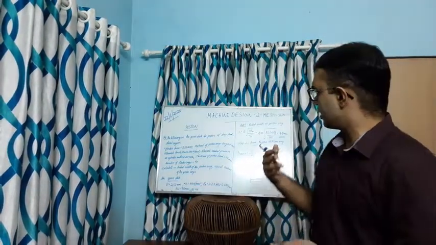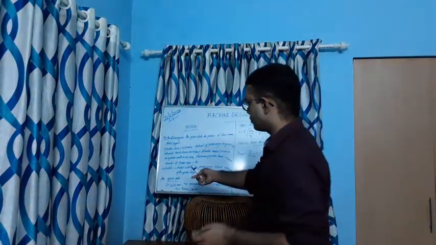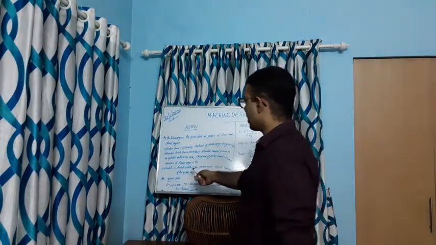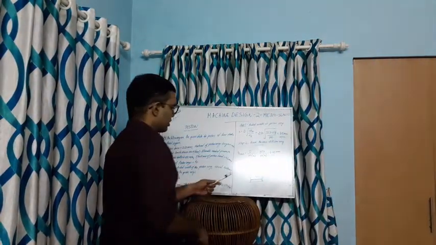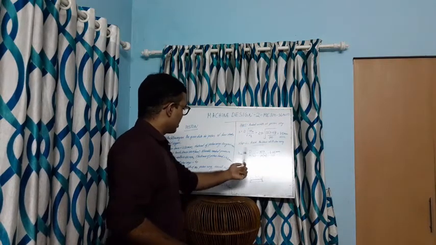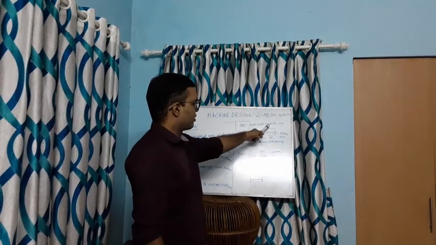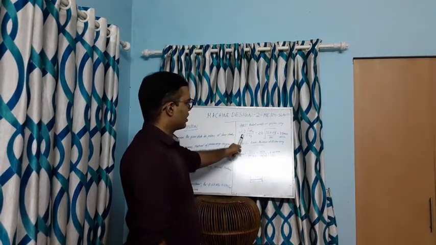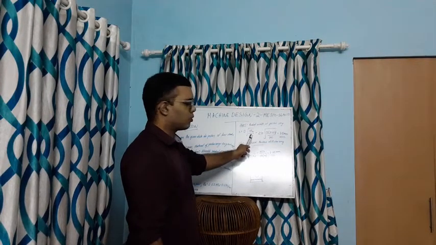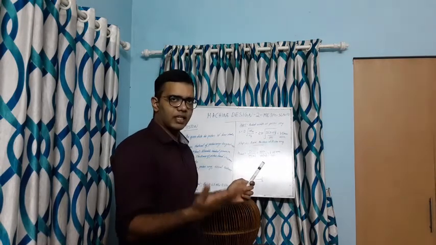Now first we need to calculate the radial width of the piston ring. The radial width of the piston ring, H, is equal to D into the root of 3 PW by sigma T, which is given in the data book.